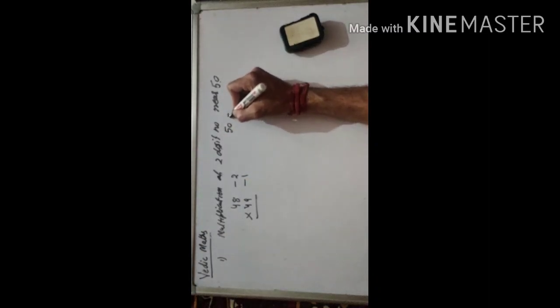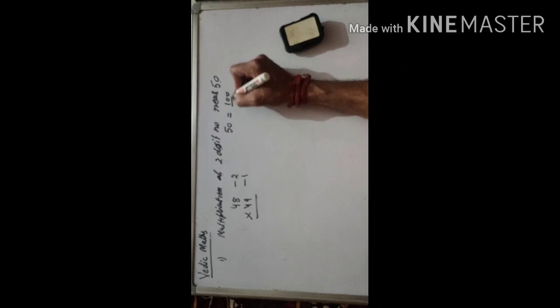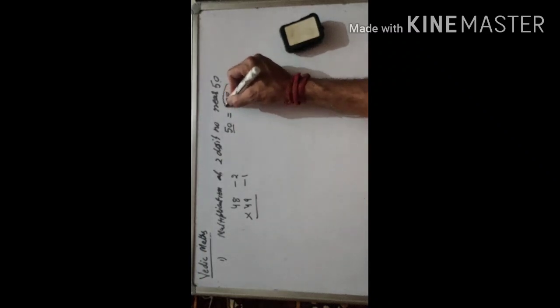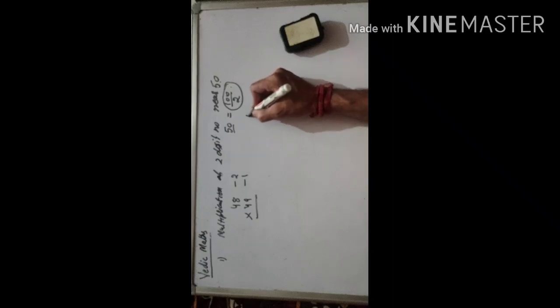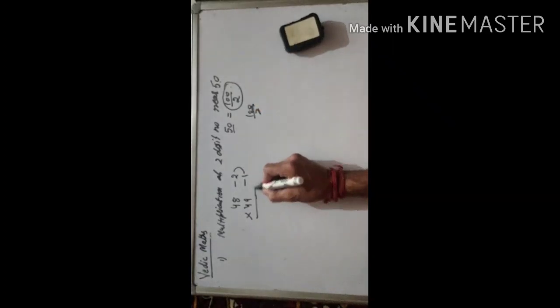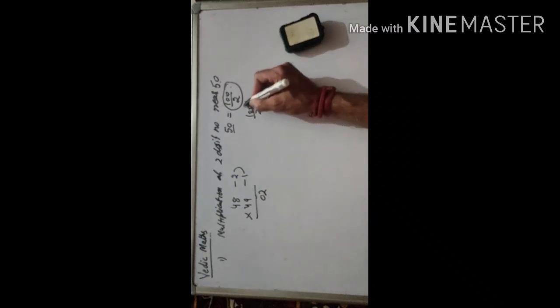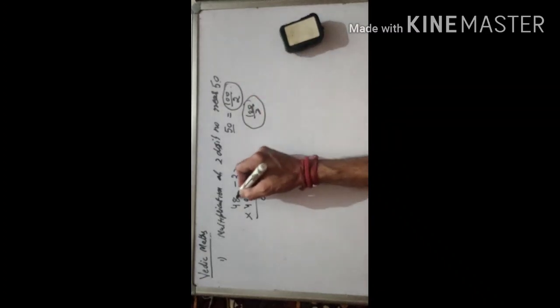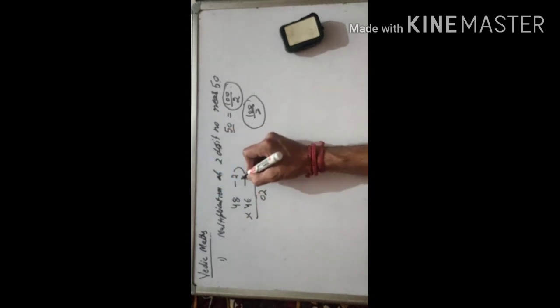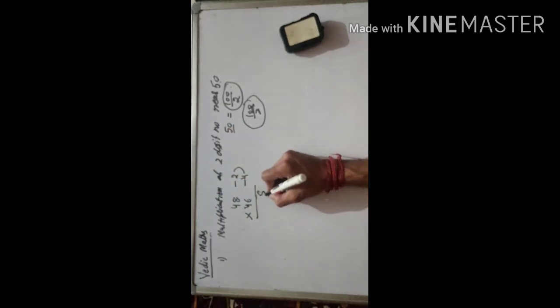I can write 50 is equal to 100 upon 2. Again, base 50, we use base 100 by 2. That is 100 by 2, meaning 2 zeros. 2 ones are 2. We put 02 because base is 100 by 2. Now 48, first of all, take some simple one. 46, that is 4 2s are 8, 08.